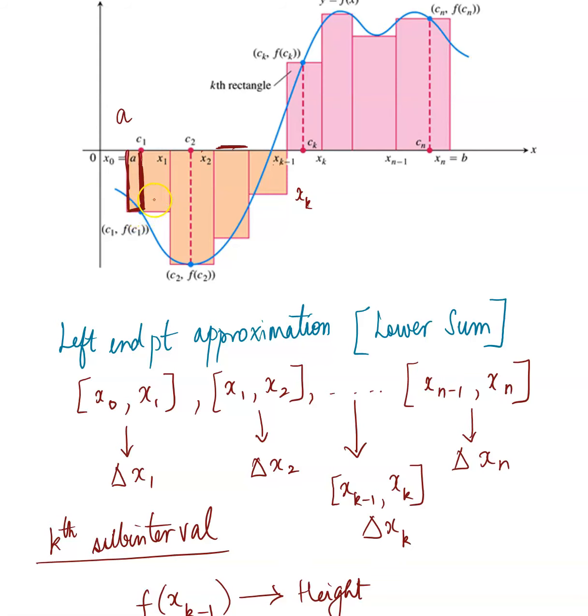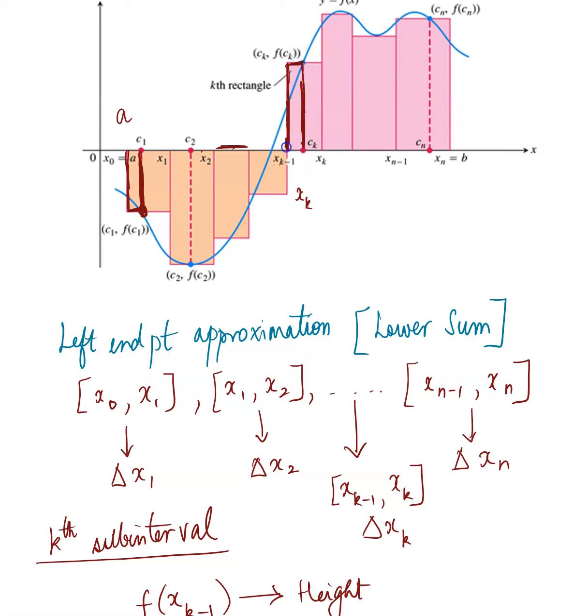So the right endpoint. The next rectangle would have been here, right, like this, and so on. So anyway, I'll just keep the first one, and then I'll go to the kth one. So the right endpoint would have looked like this for the kth interval.